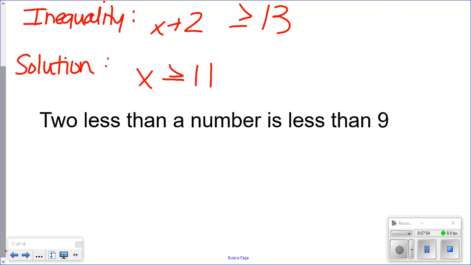Two less than a number is less than 9. Try it and see what you come up with.